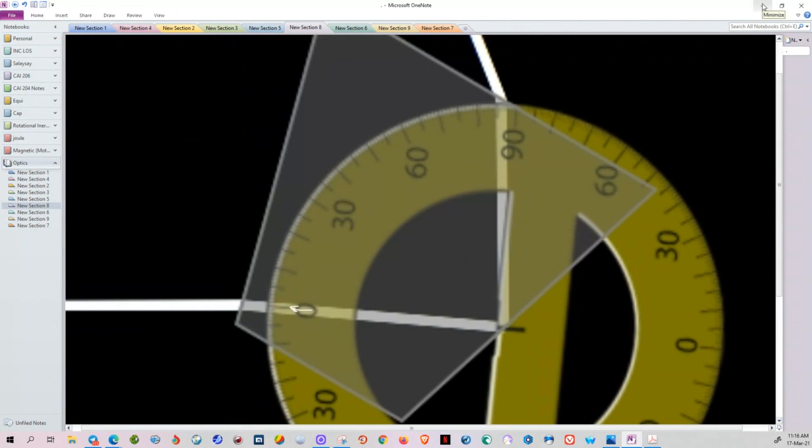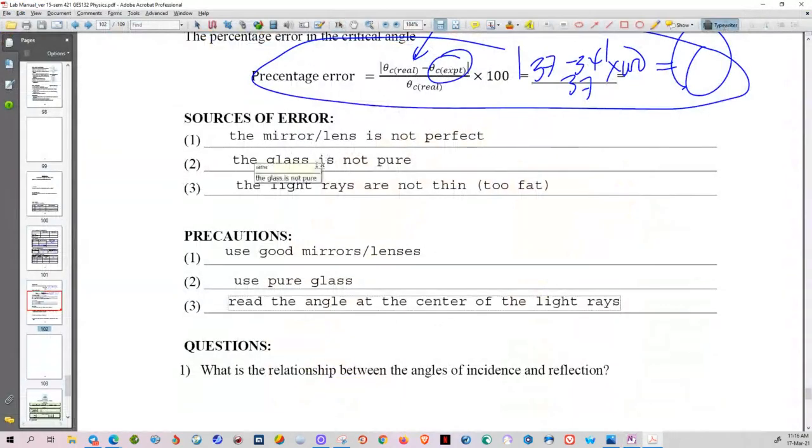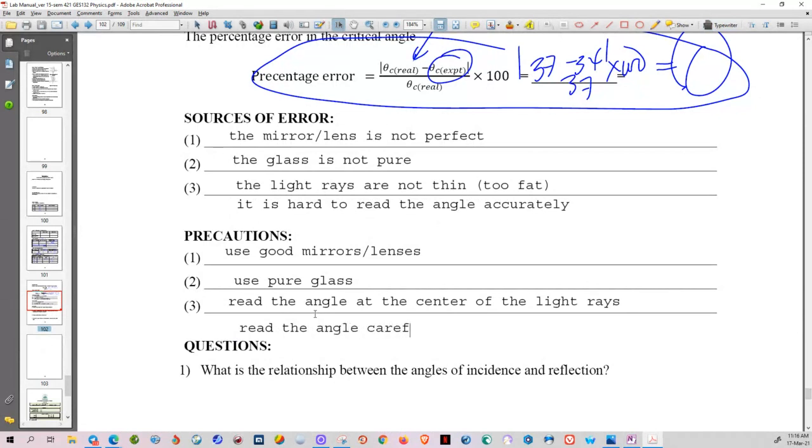So that your angles are accurate. You can even write in the source of error, it is hard to read the angle accurately. So what is the technique to read the angle accurately? You must read the angle carefully. Just you have to do it carefully, okay?